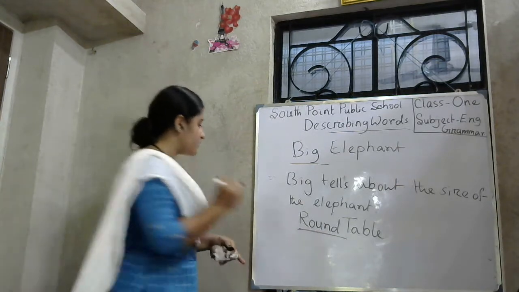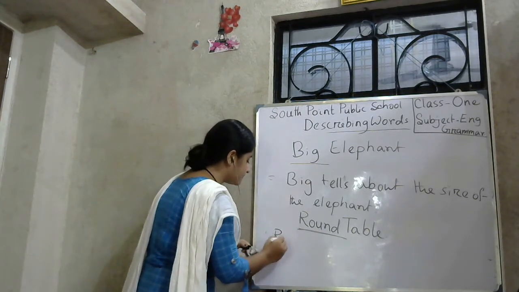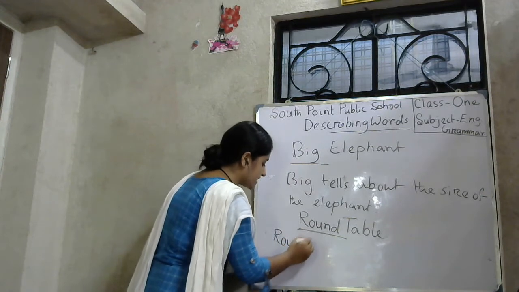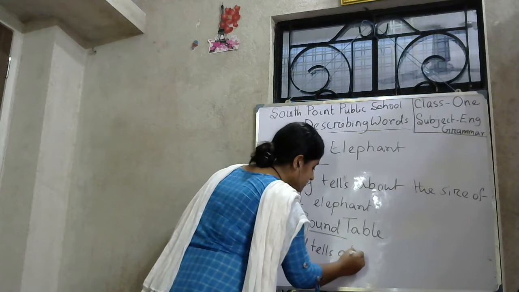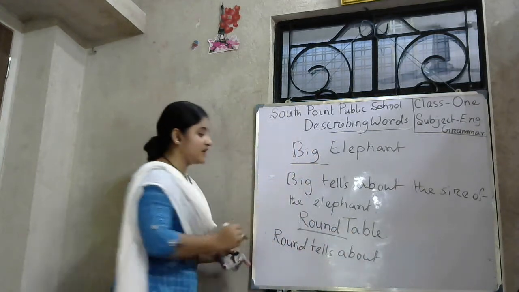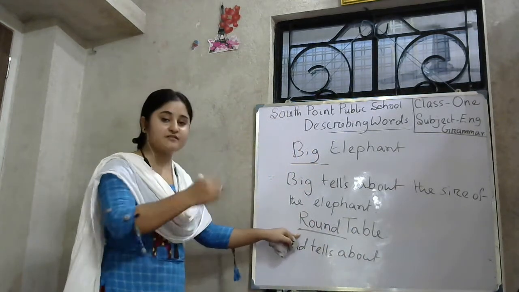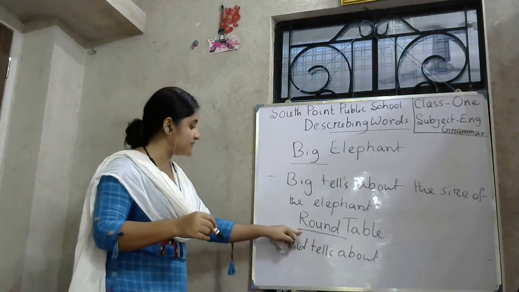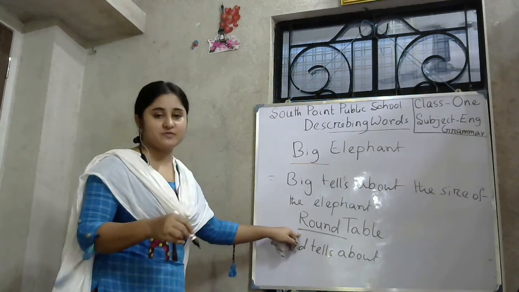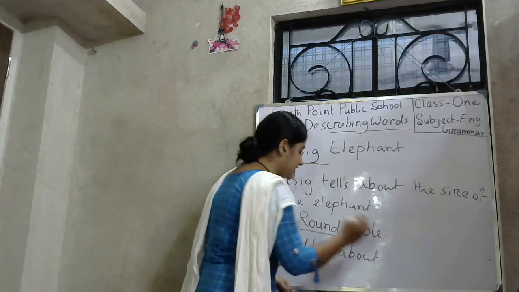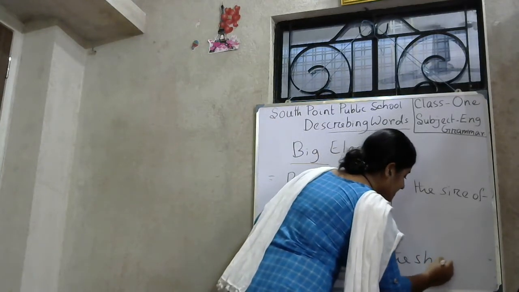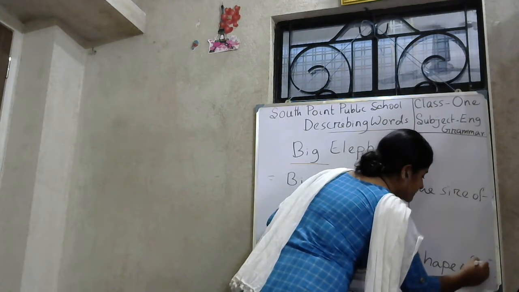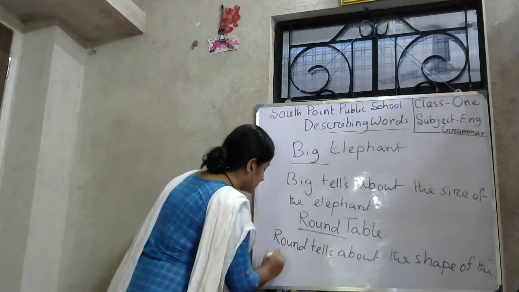So here round tells about the shape of the table. S-H-A-P-E. Shape of the table.